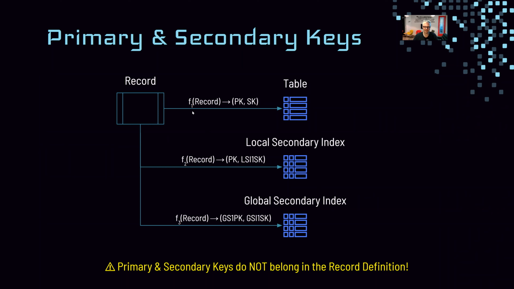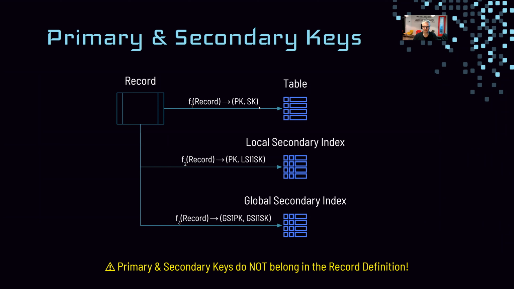One of the key realizations I came to, and every sample seems to not do this, and that's why I wanted to make it clear here: your partition key and your sort key are not part of your record definition. Yes, they are being sent over as part of the item so that DynamoDB knows what those values are. But when you take your record definitions, there are no partition keys or sort keys part of it.